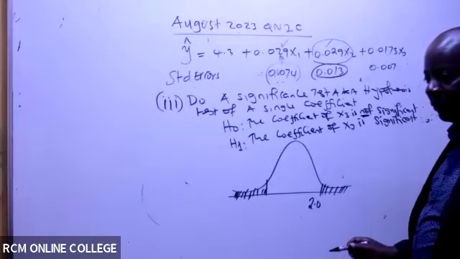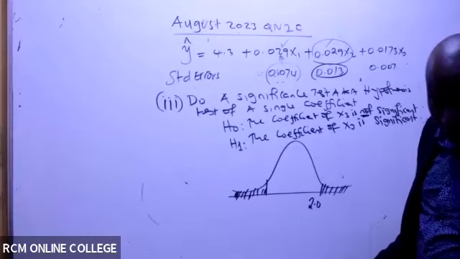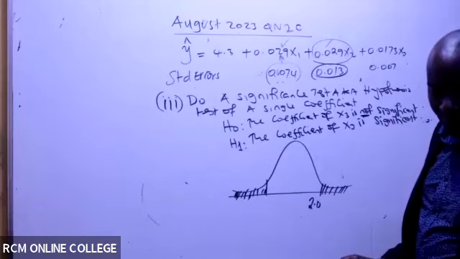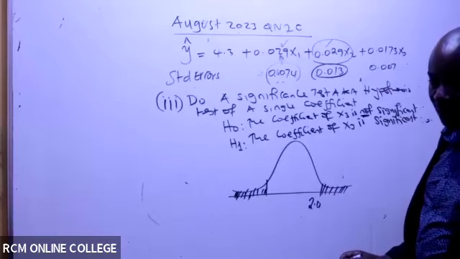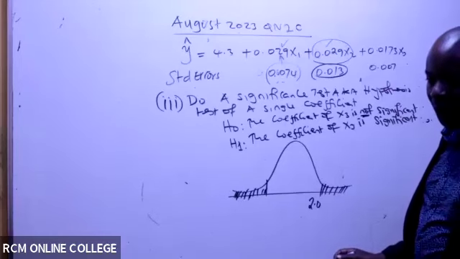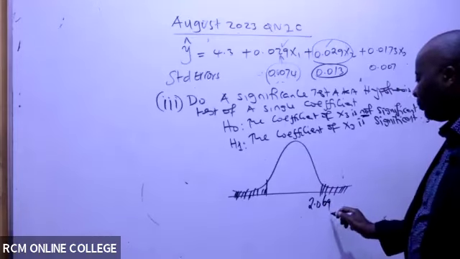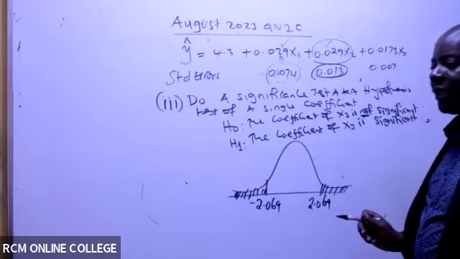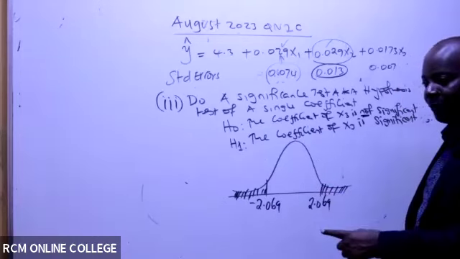It's 2.069, and then this is minus 2.069. One will be positive, the other negative.